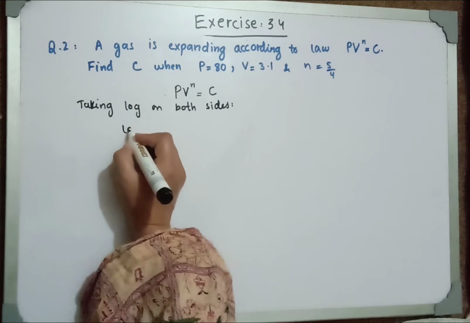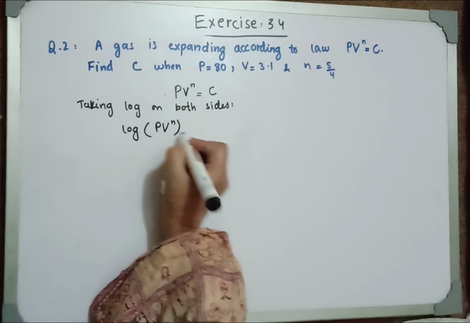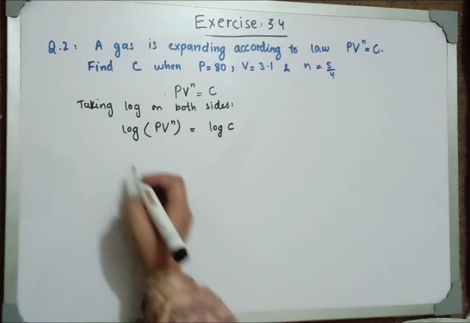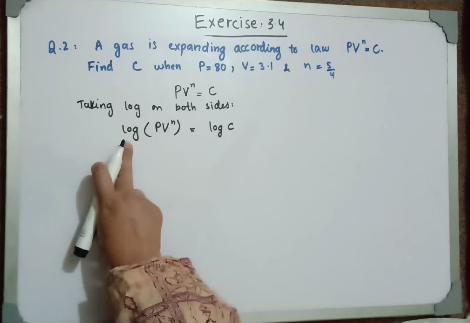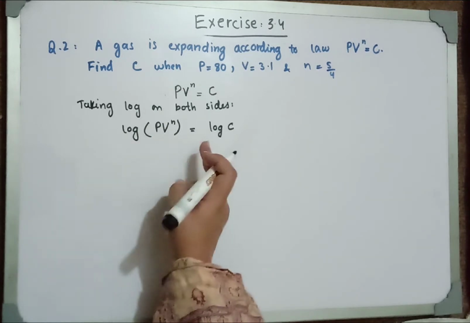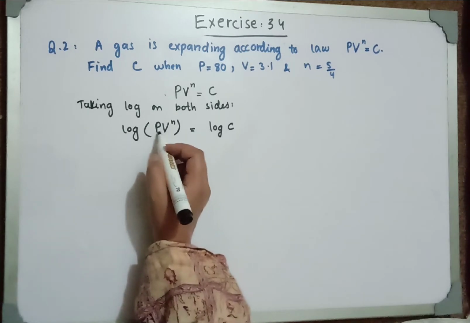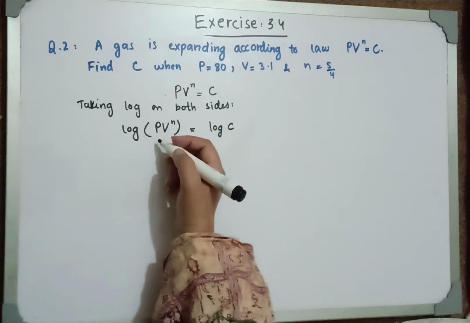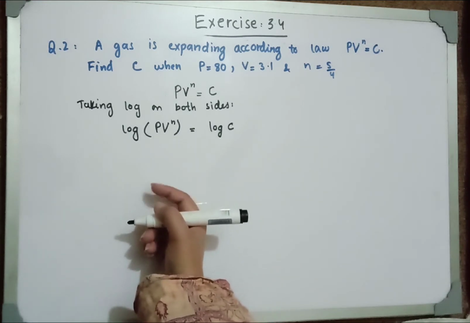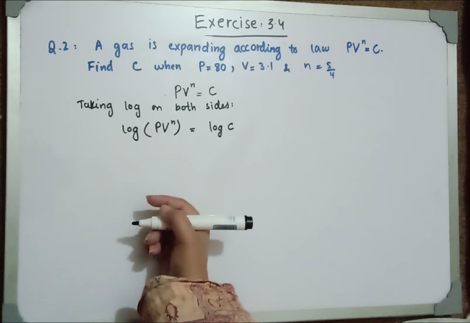So it will become log of PV raised to the power n is equal to log of C. Now we are gonna apply this log to both of these numbers, and as you can see, pressure and volume are being multiplied, and we know that according to the law of logarithm, when we apply logarithm to numbers which are being multiplied, then multiplication changes to addition.